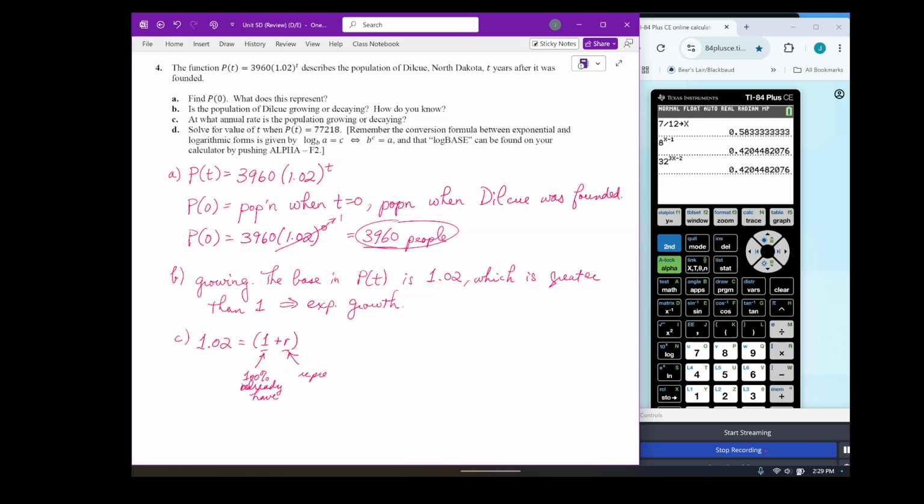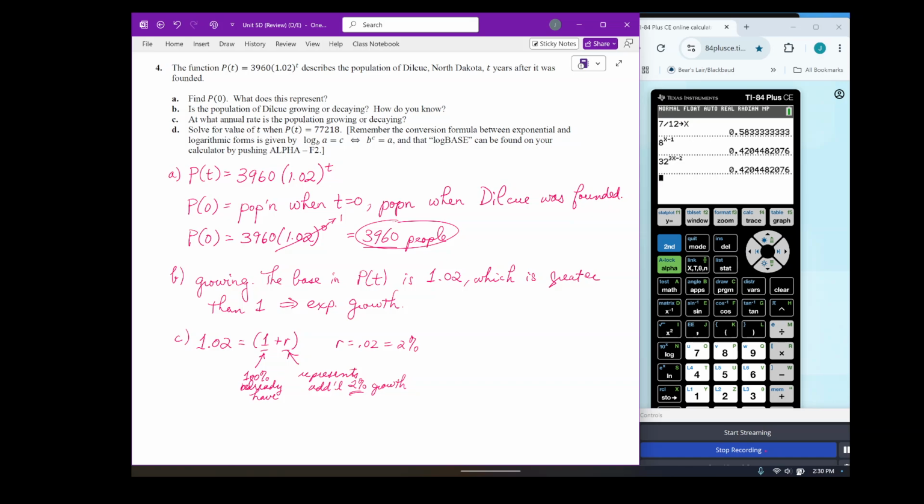So in this case, this represents the additional 2% growth because it's 0.02. So r had to be 0.02, which is 2%. That's how I got that 2% there.